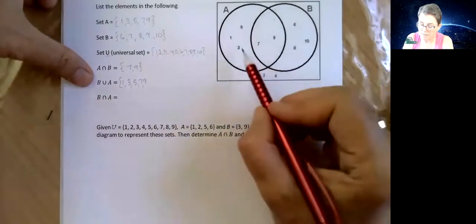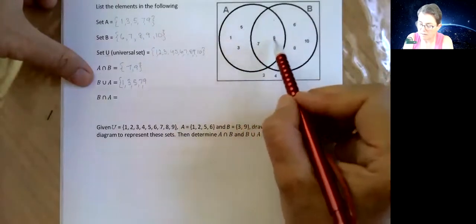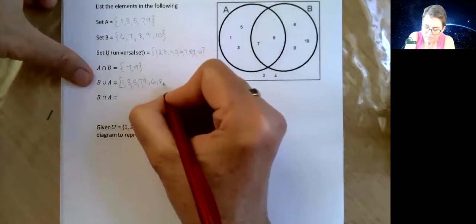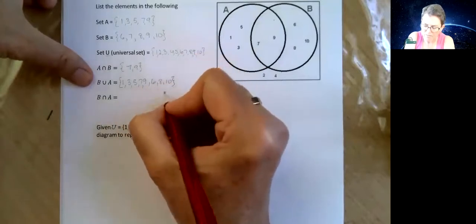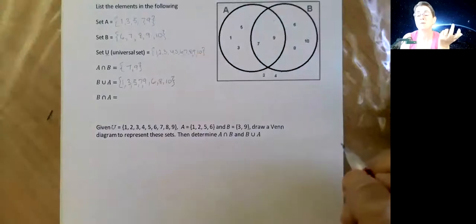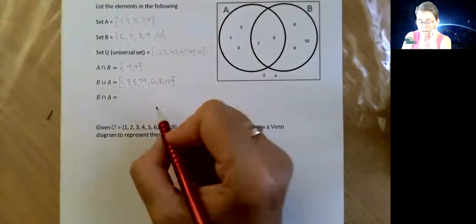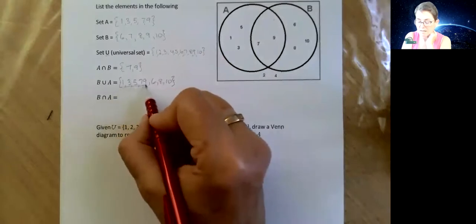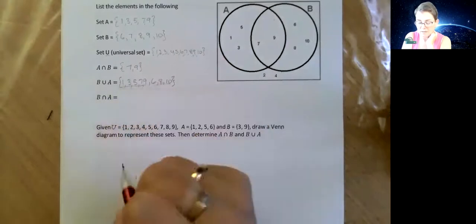And okay, so 1, 3, 5, 7, 9, 6, 8, 10. I know. I said put them in order, which you certainly can. But there's also something you said, I did everything in set A, and then whatever was new.